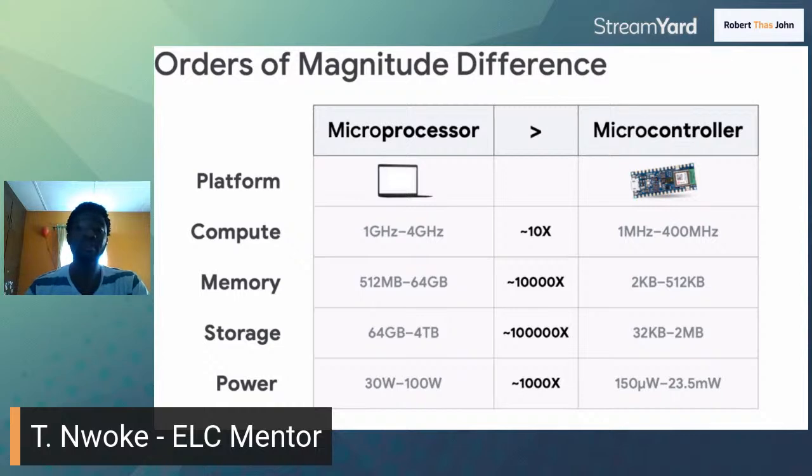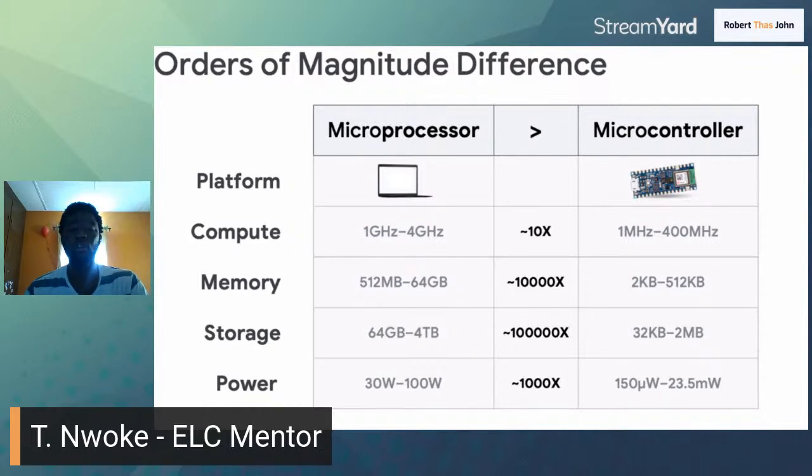That is 10,000 times smaller. That is really small. And same thing for the storage. You can see they have 64 gigabytes to 4 terabytes, and this is 100 times bigger than that of a microcontroller, which runs on 32 kilobytes to 2 MB.